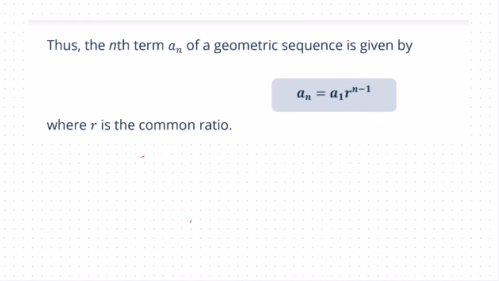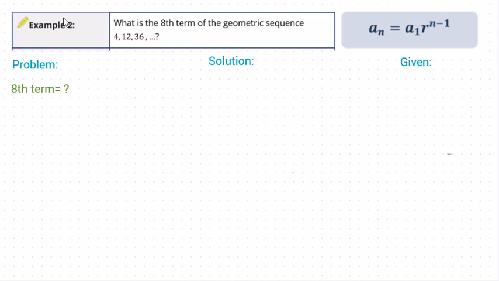So how do we do that? Let's have an example. What is the 8th term of the geometric sequence given 4, 12, 36, and so on? In getting the 8th term, we need to get a sub 8. In order to get that, we need our first term, our r, and of course our n.